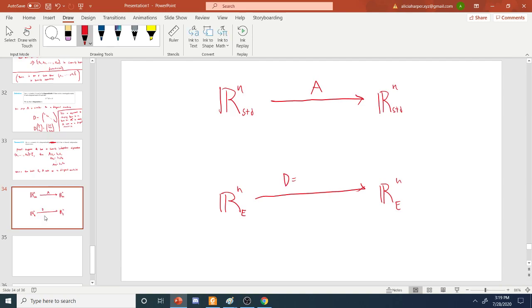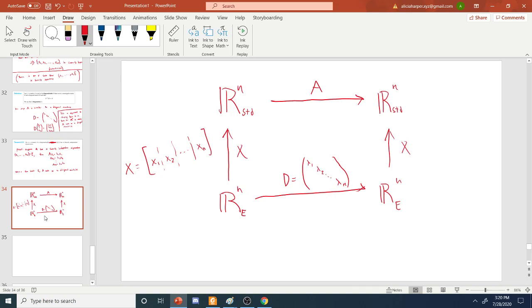So it acts by D equals diag(lambda 1, lambda 2, ..., lambda n). And we also have change of basis matrices. X goes from coordinate vectors in E to the coordinate vectors corresponding to the standard basis. And X is the matrix whose first column is x1, second column is x2, and so on, final column is xn.